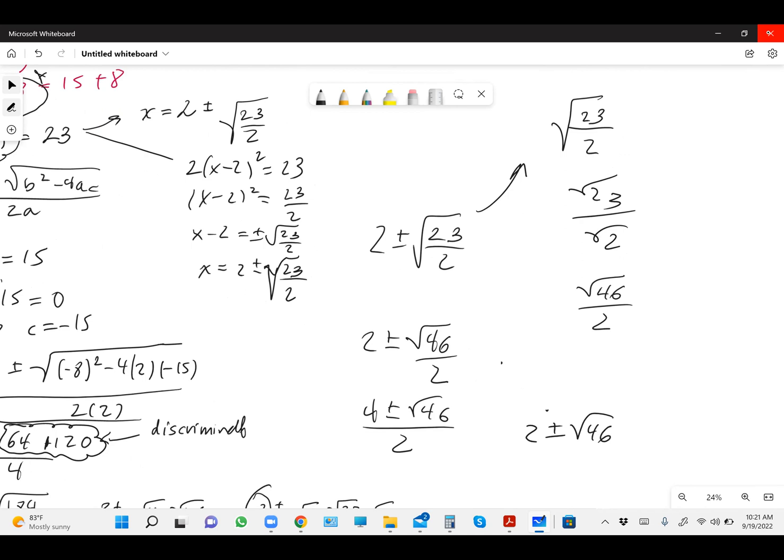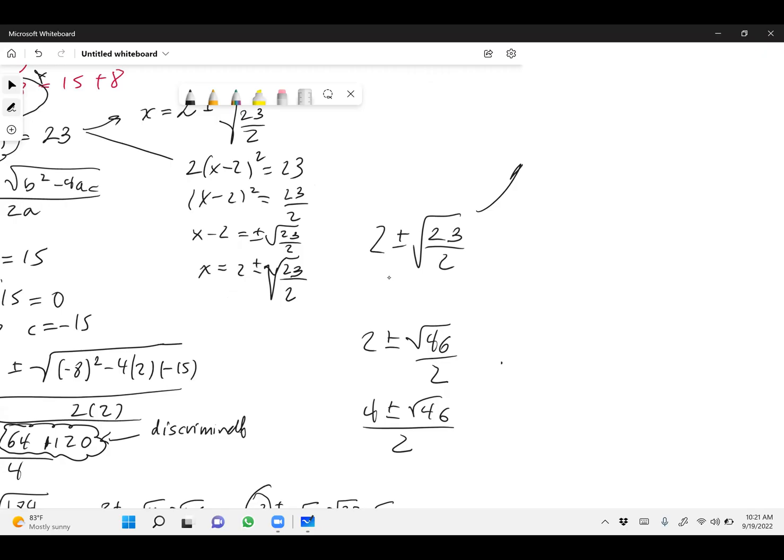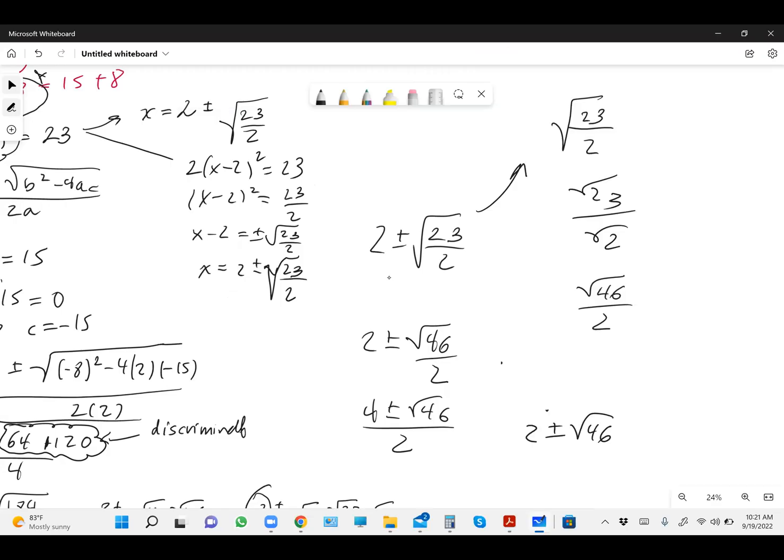All right. So what was it today? One way we solve it using completing the square, and the other way we use the quadratic formula. But they're the same thing. They're the same thing.